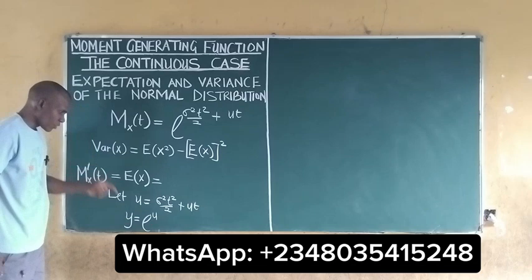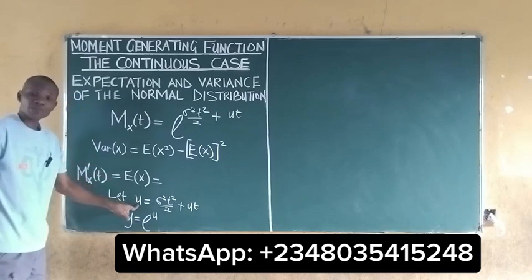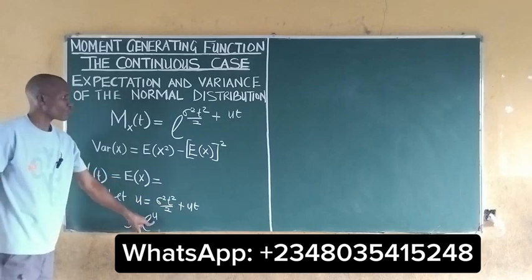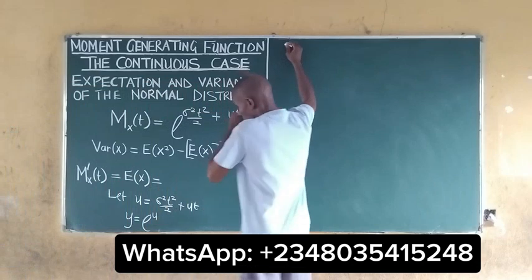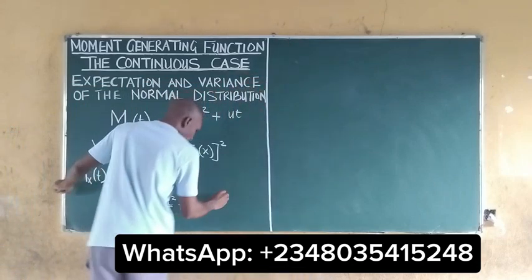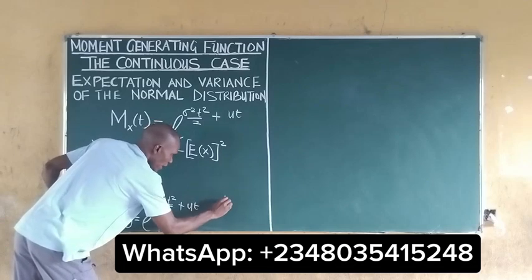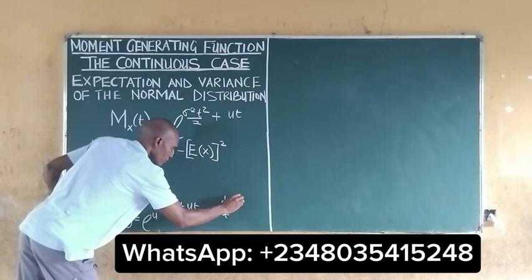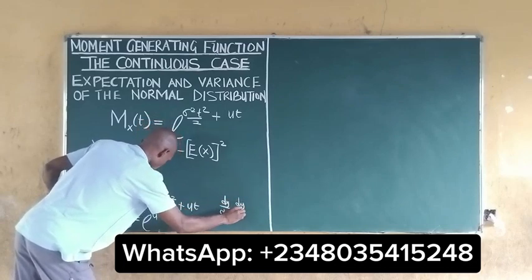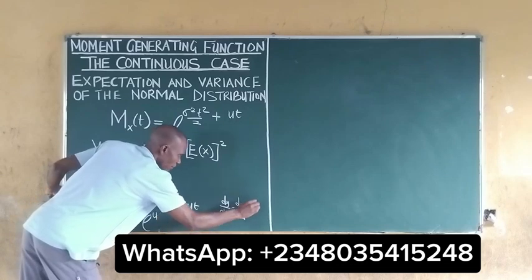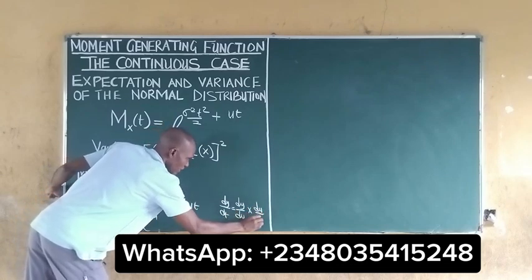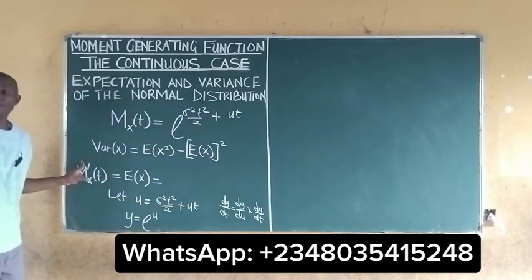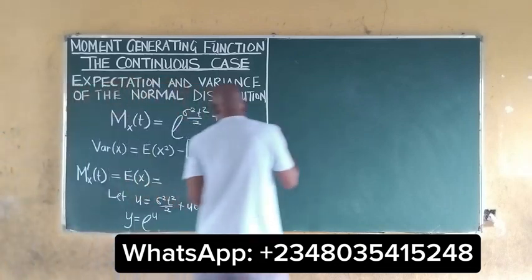All we need to do is to differentiate u with respect to t and differentiate y with respect to u. So we get dy/dt equals dy/du multiplied by du/dt.